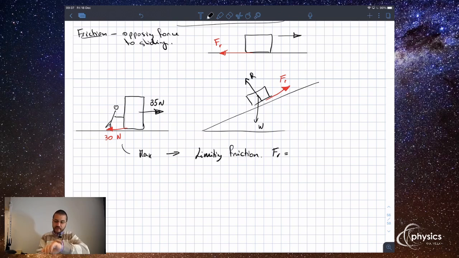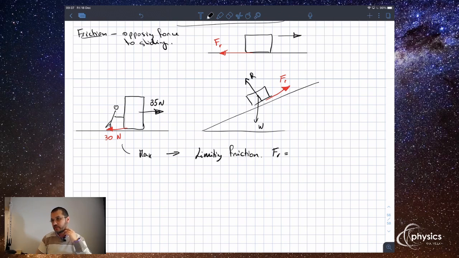Issa. The limiting friction formula is not in the syllabus. So you're not going to find the limiting friction formula in the data booklet, but you can be given the formula in the problem to use it.